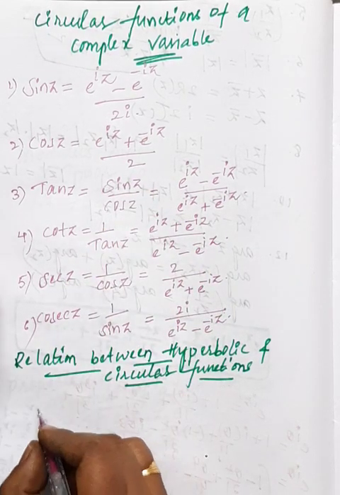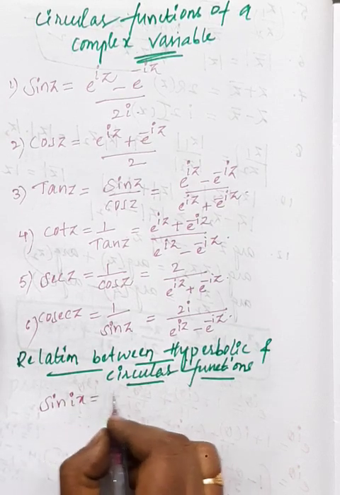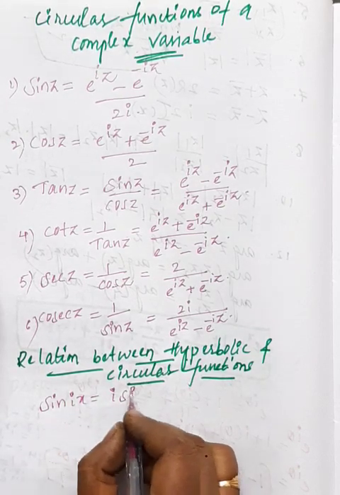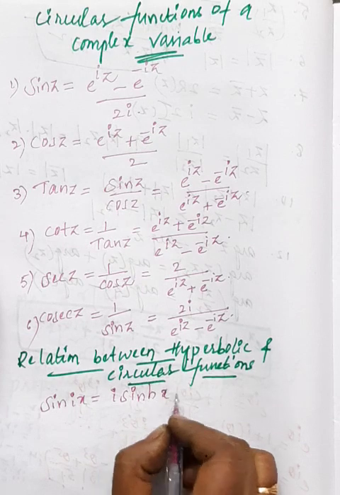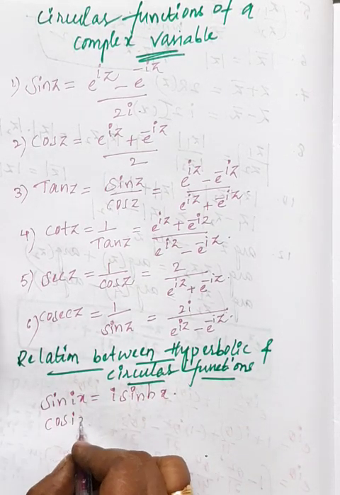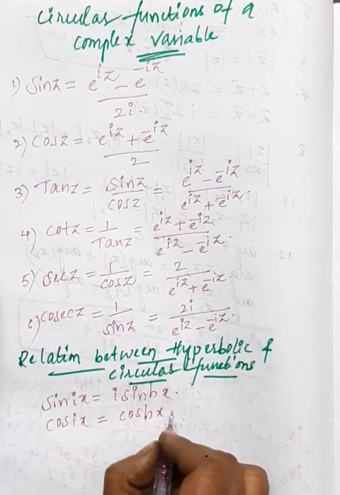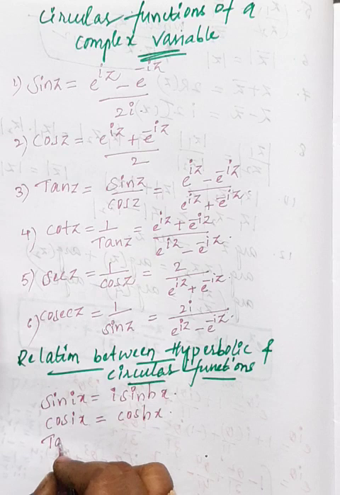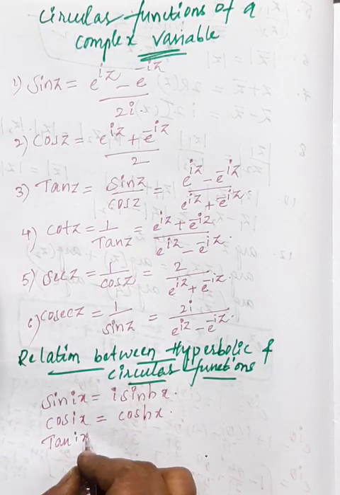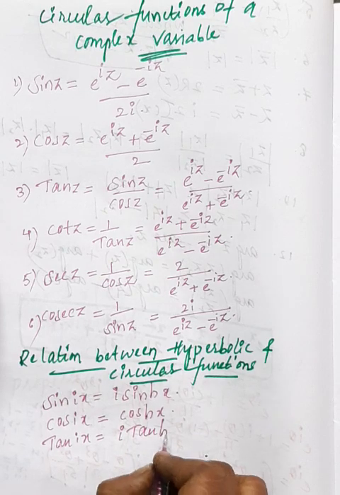Since sin ix is equal to i sin hx, whereas cos ix is equal to cos hx, tan ix is equal to i tan hx.